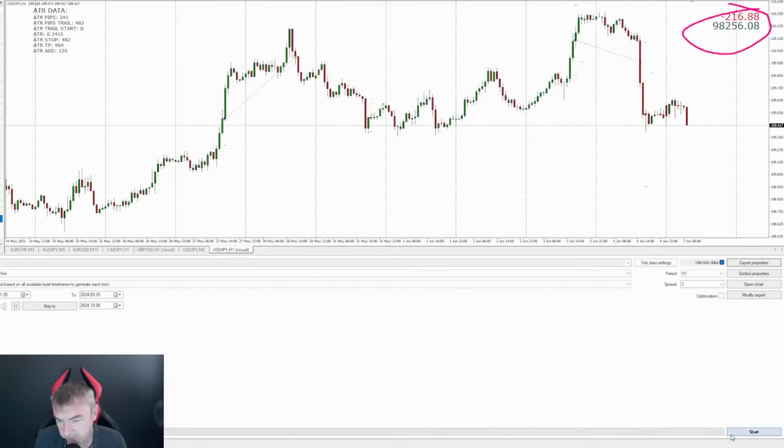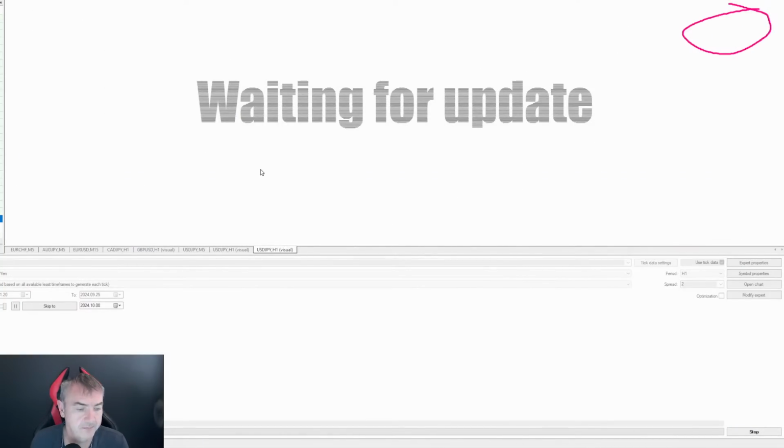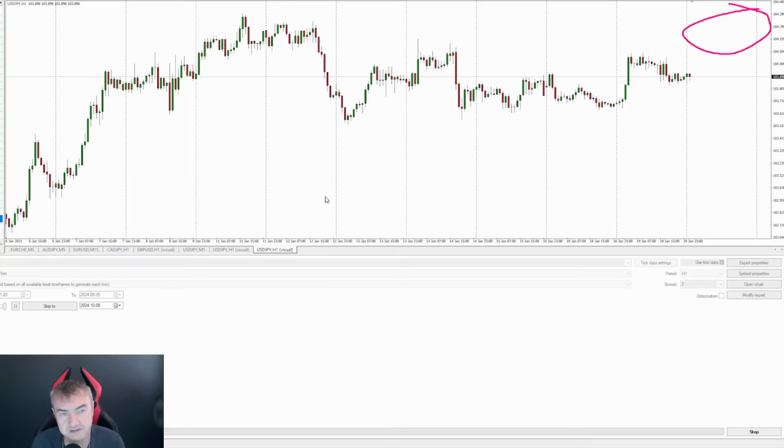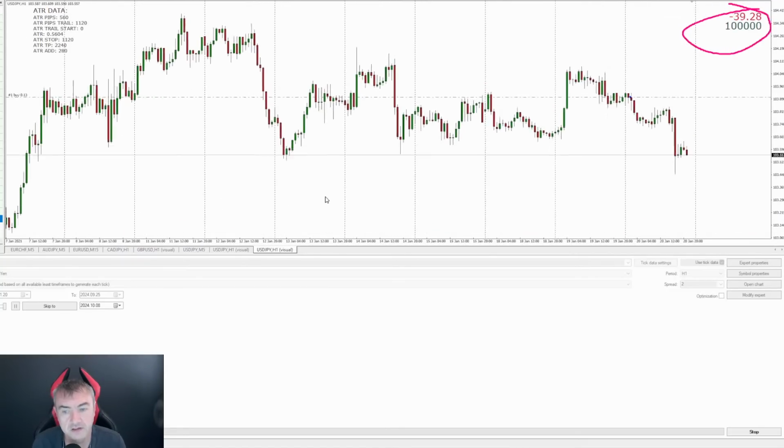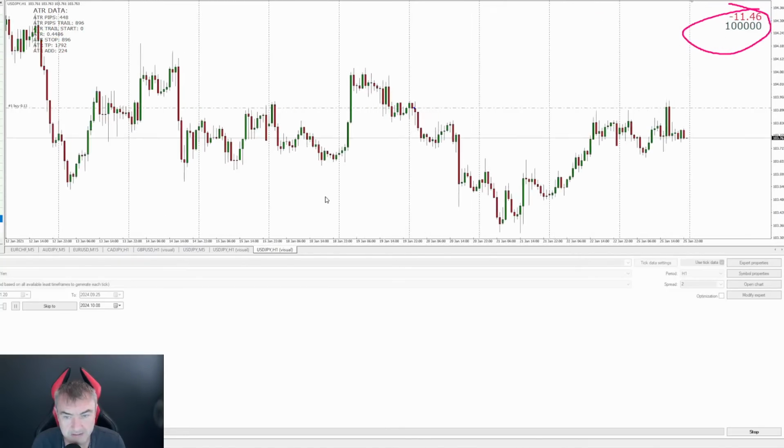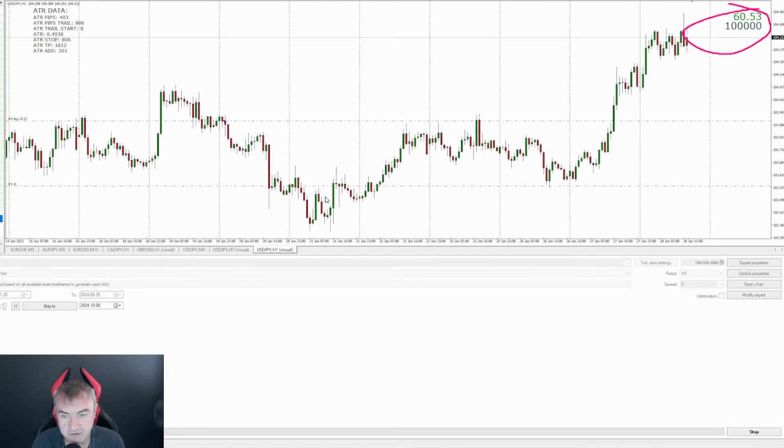I think this is the setting I tested. So this is a coin flip strategy basically. What it does is if the moving average is pointed up, it goes long. If it's not, it goes short. And it should be using a trailing stop. There we go.